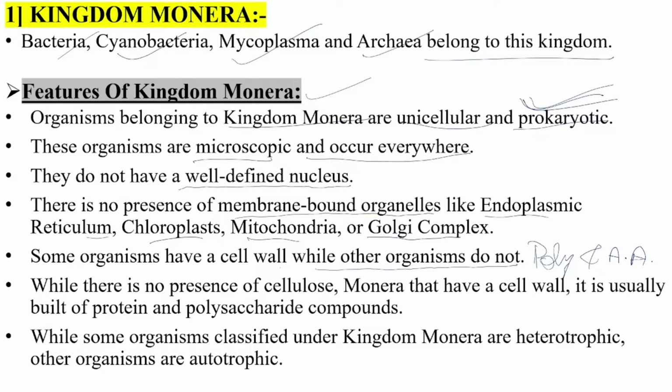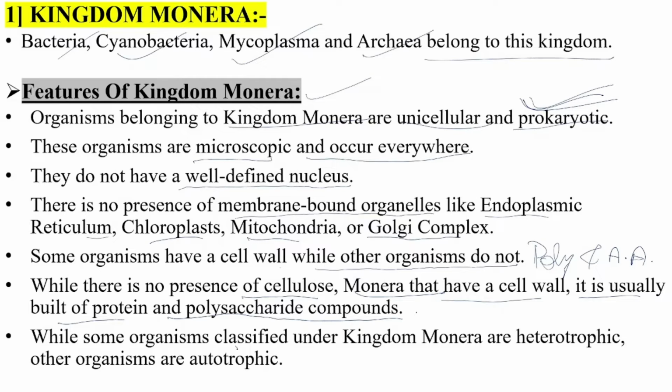A non-cellulosic cell wall is present in kingdom MONERA. Cellulose is absent, not like in plants. So while there is no cellulose, MONERA that have a cell wall, it is usually built up of protein and polysaccharide compounds.